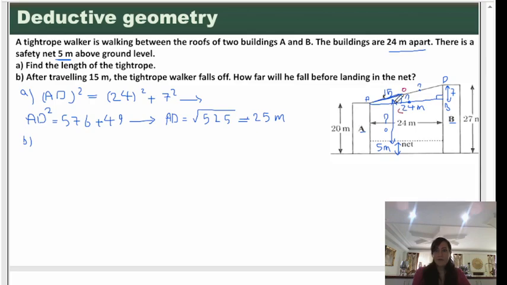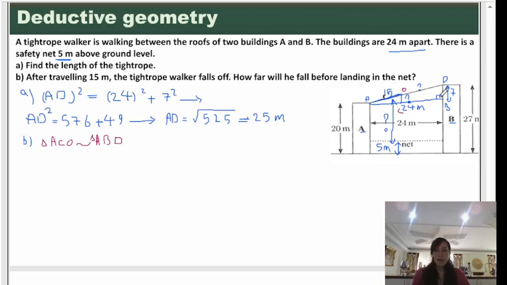So first I am going to show that triangle ACO is similar to triangle ABD.